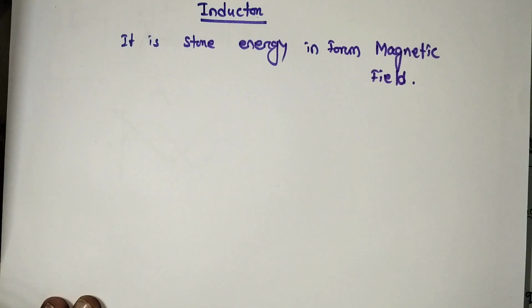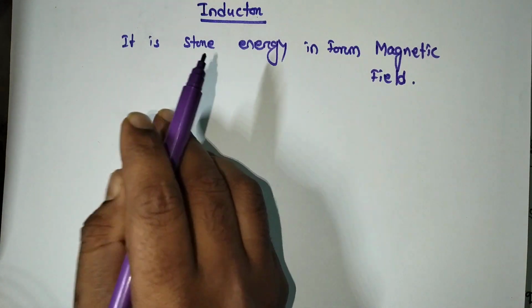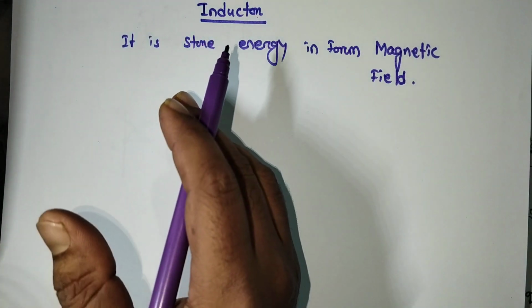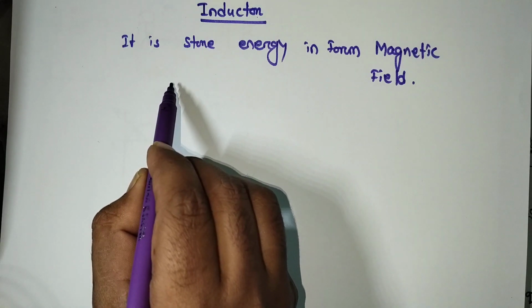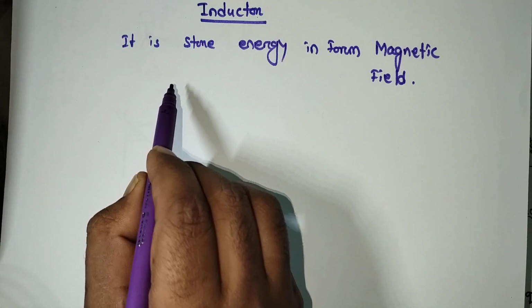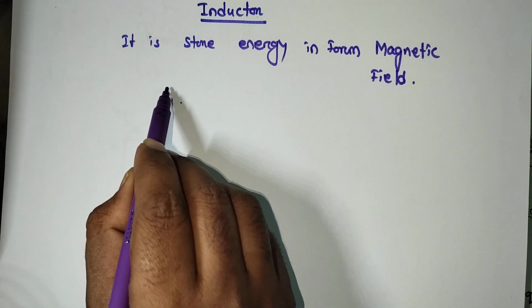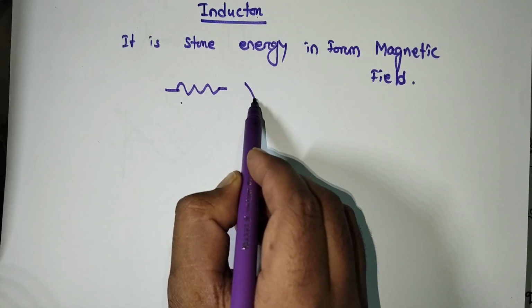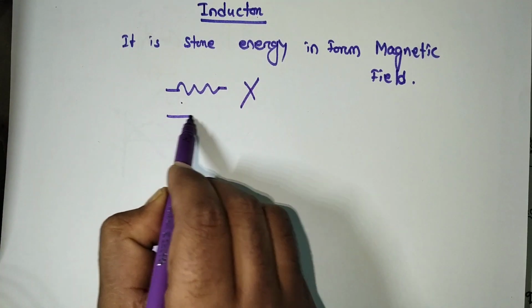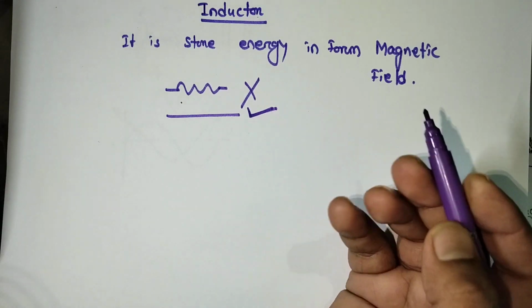Its property is a little opposite to the capacitor. The capacitor blocks DC and allows AC. Here it is the opposite: if any change occurs, it will oppose it. If the current is constant, then it allows it.